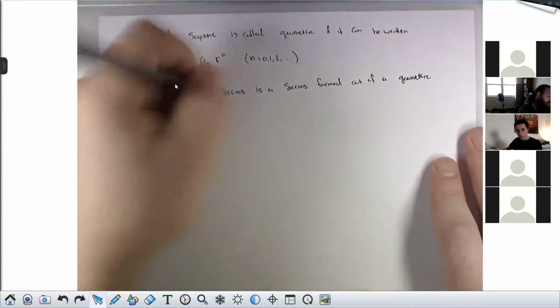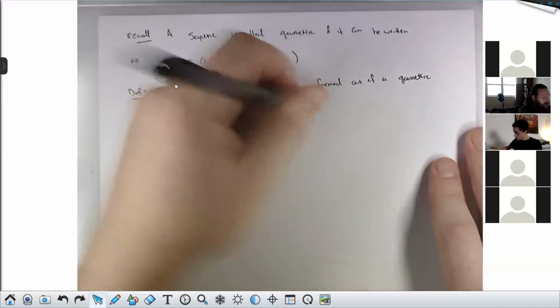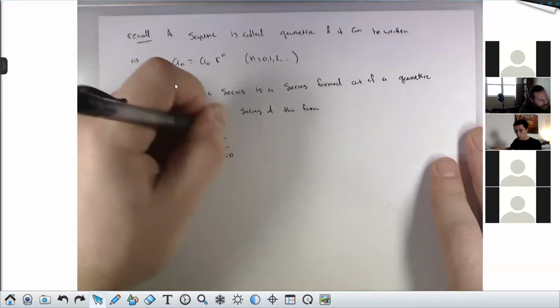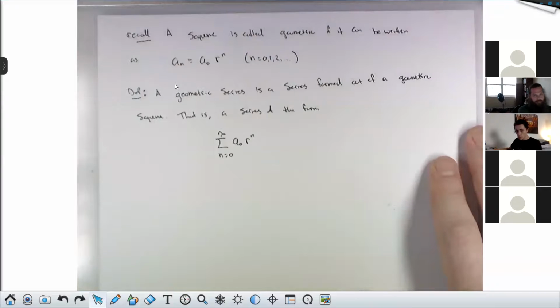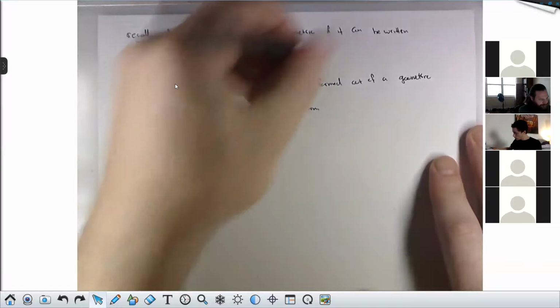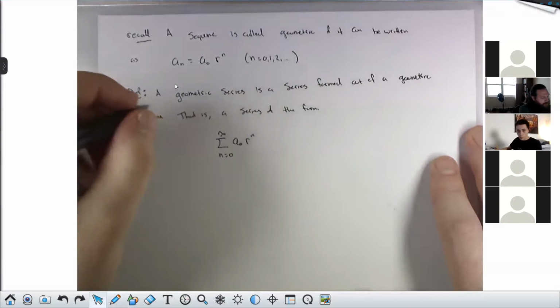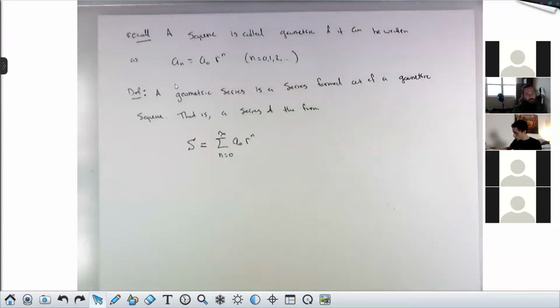That is a series of the form sigma n from 0 to infinity a naught times r to the n. And here a naught and r are constants, right? I'm going to go ahead and call this thing S. And that's something you'll see me do often. So S_n is the partial sum for the full series. It's nice to just call the full series S.